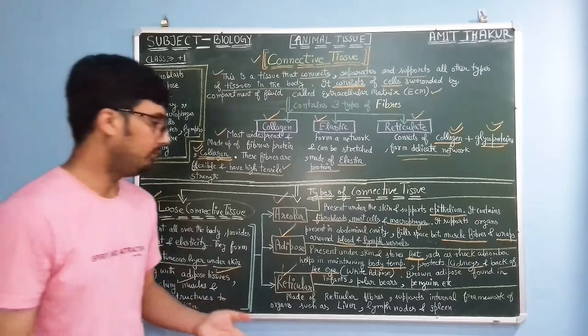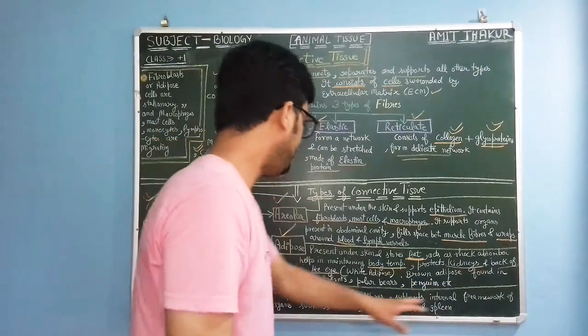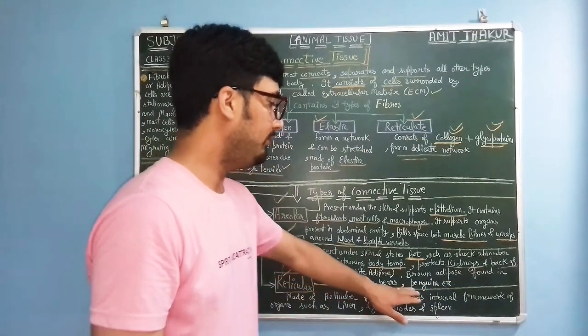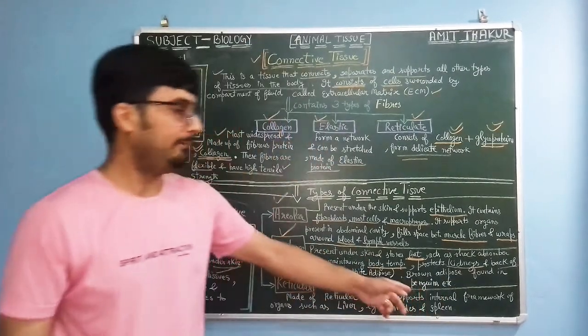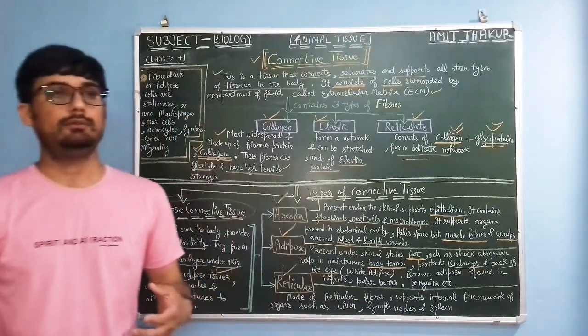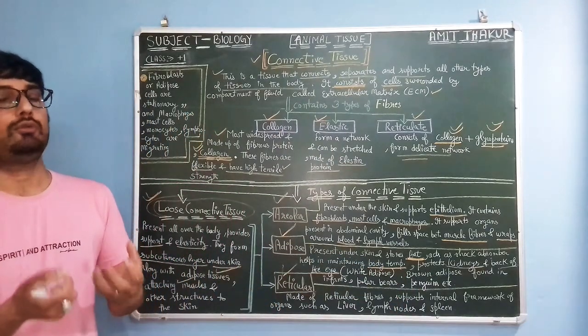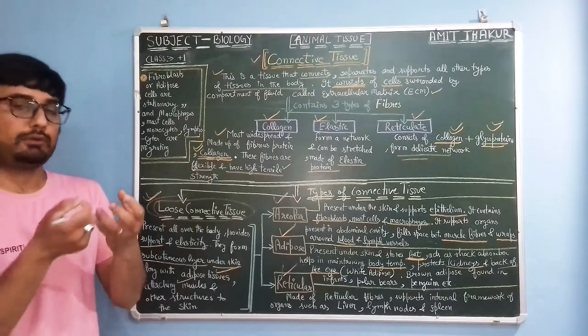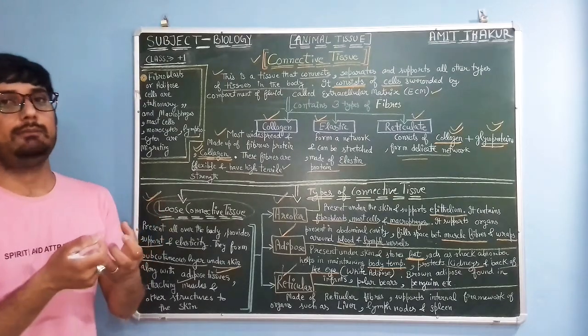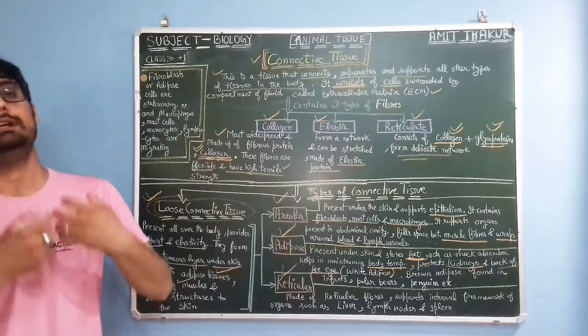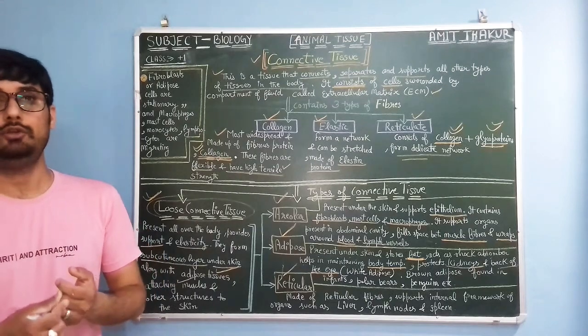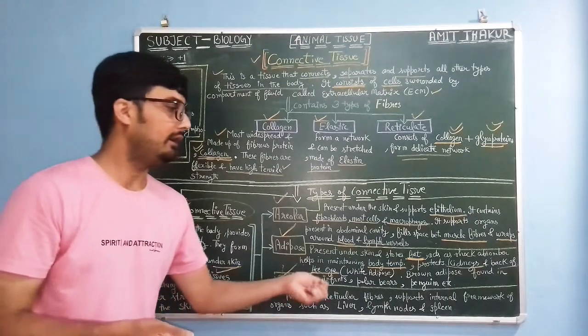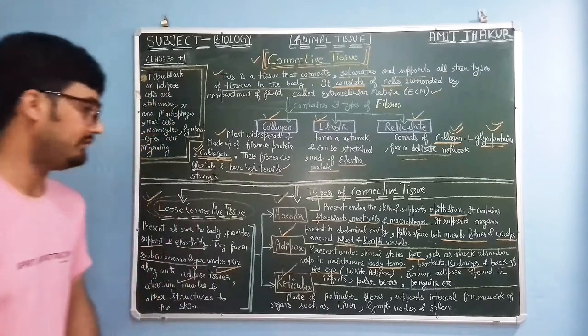So brown adipose tissue is found in infants, polar bears, penguins, etc. In brown adipose tissue there are a huge number of mitochondria. अगर बहुत ज़्यादा माइटोकॉन्ड्रिया होंगे, बहुत ज़्यादा ATP produce होंगे, बहुत ज़्यादा एनर्जी बॉडी को provide की जाएगी in order to survive in harsh cold conditions.